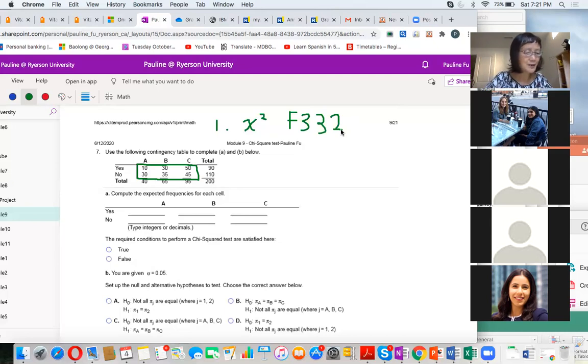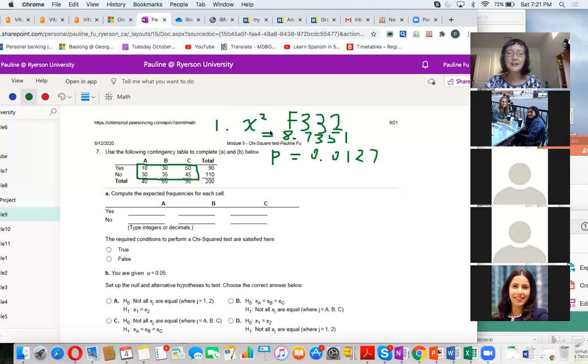So I'm going to write down. After that, I get my test statistic, chi-square equal to 8.735, and I keep 4 decimal places. I also get a p-value equal to 0.0127.